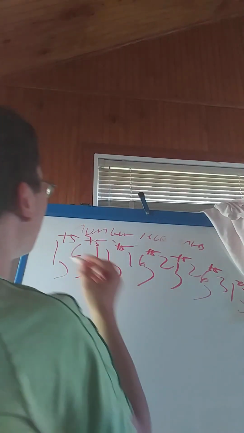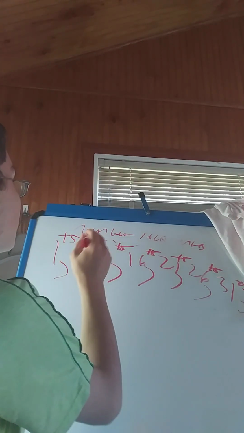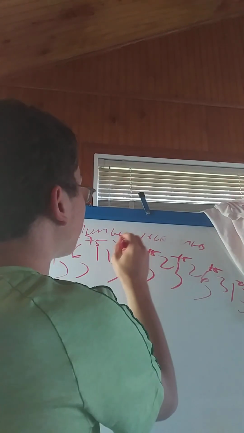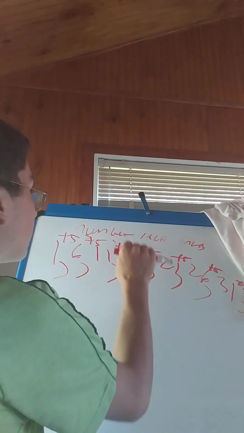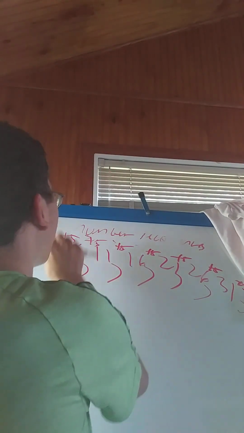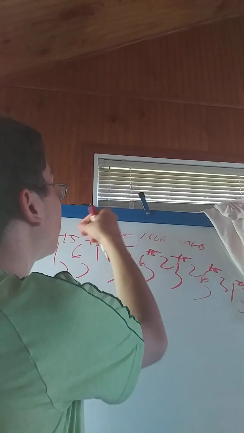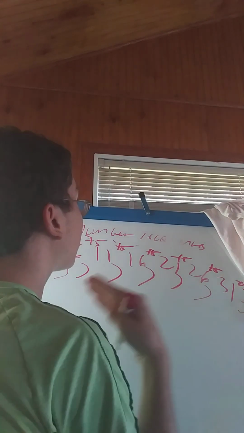Plus 5. So as you can see here, 16, 17, 18, 19, 20, 21 right here, and if you take that number and then you add it to the little pattern, then you get the next number.